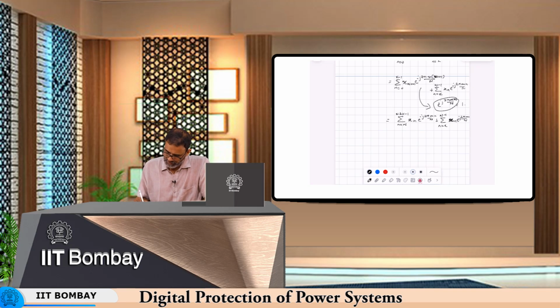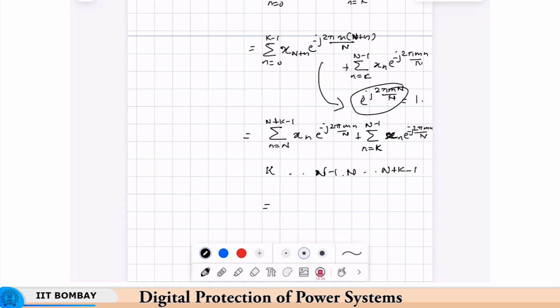Okay. So, what are we saying now here? Did you notice this? We have now got a sequence from k to n minus 1, and then from n to n plus k minus 1. So, we have got a whole sequence. So, we can get this as the sum up to n plus k minus 1 of x of n e raised to the same exponent.